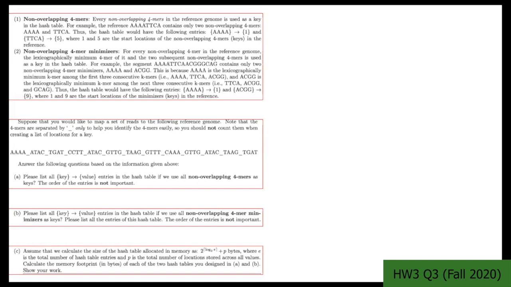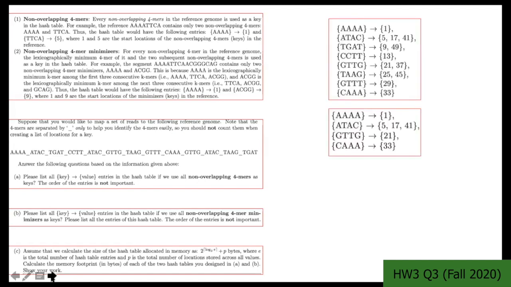Now we want to calculate the memory footprint in bytes of each of the two hash tables you designed in A and B, and you need to show your work. This is for your reference. These are the two hash tables that we already generated for A and B.